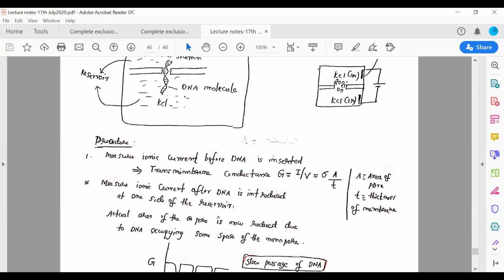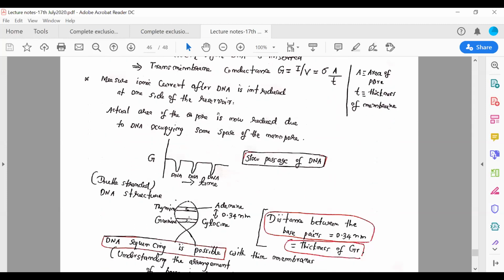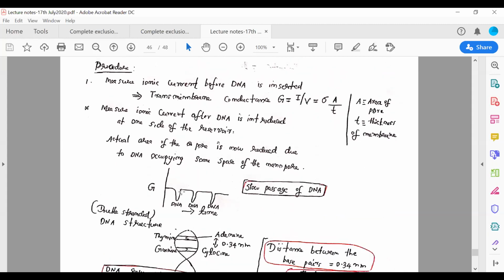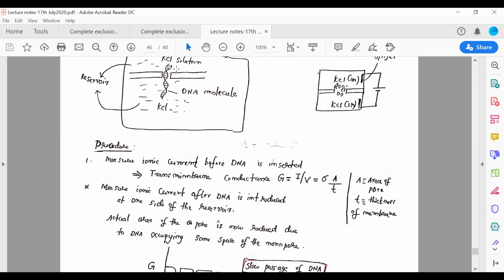And coincidentally, the distance between base pairs is also 0.34 nanometer. I'd say it is just a coincidence. So if you have single layer graphene, the membrane thickness is 0.34 nanometer.